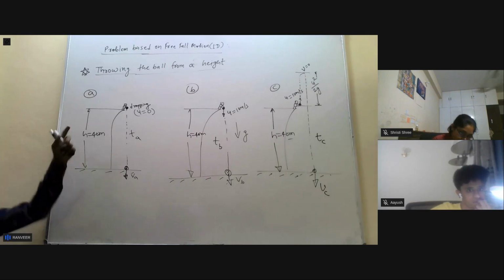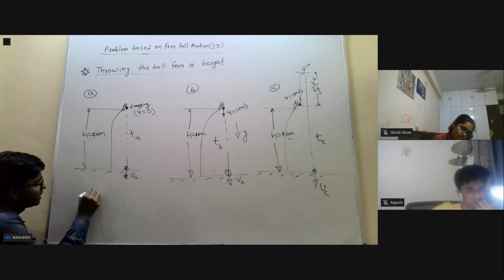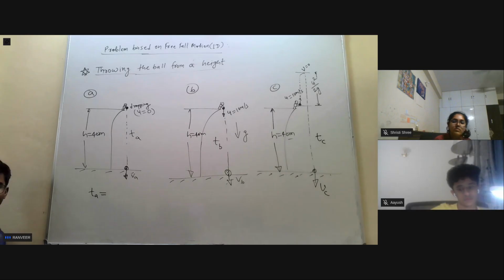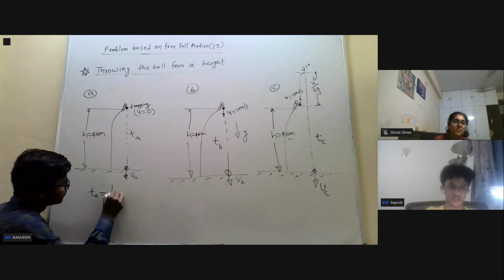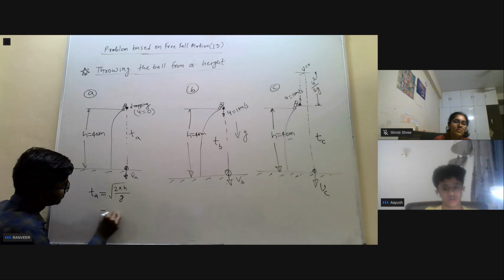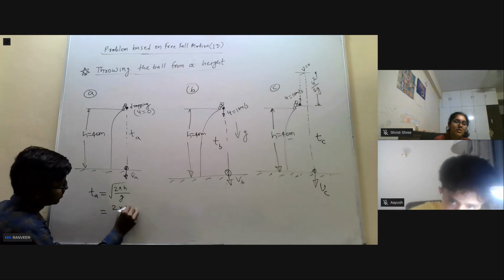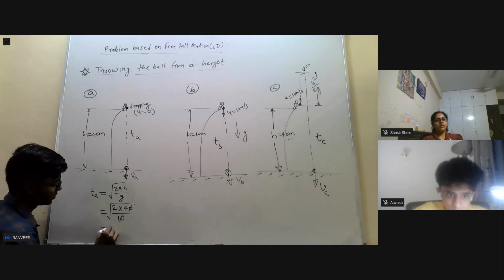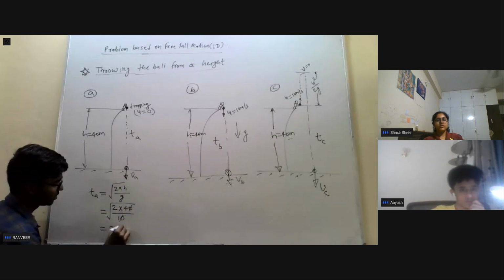What is the time taken in the first case? What is TA? Ayush? Root 2h by g. So how much did you get? 2 root 2, correct?